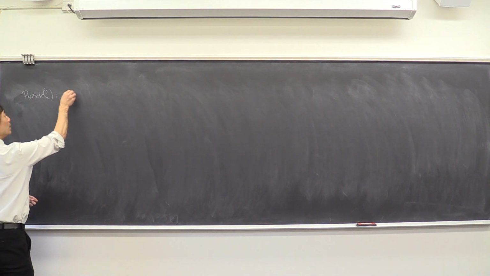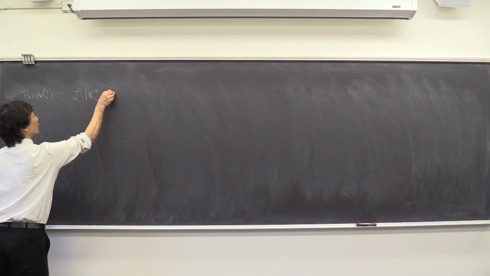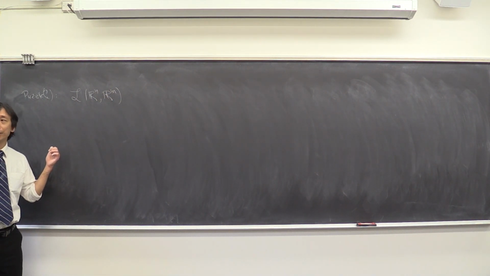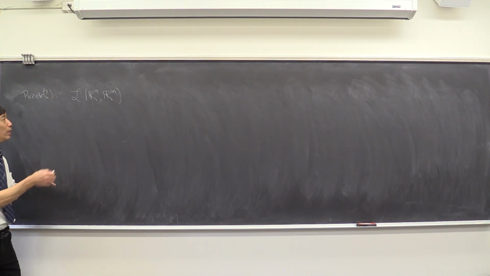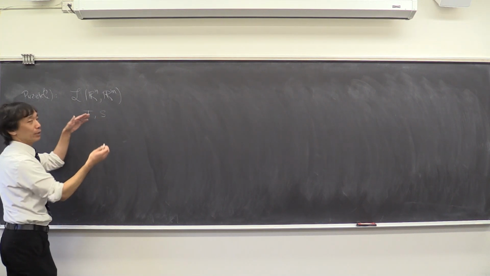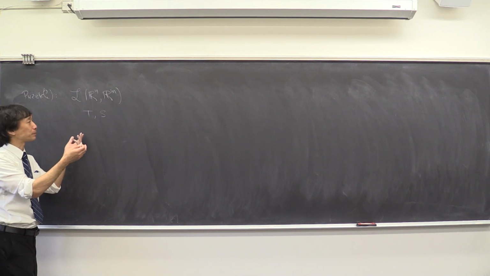If we look at the linear transformations from Rn to Rm, that's actually a vector space, right? Because you can add linear transformations together. If you have T and S that are both linear transformations, you can add them together, and that's still a linear transformation.